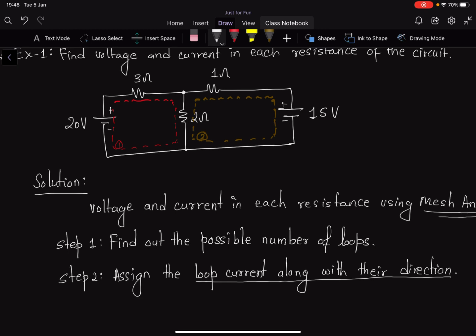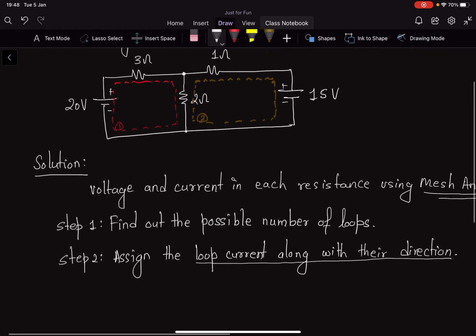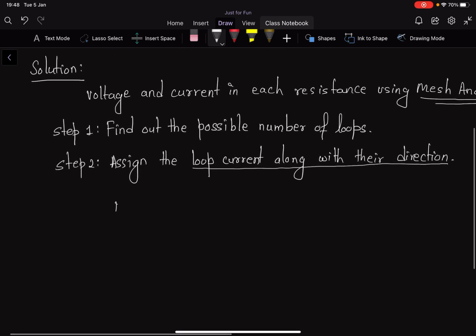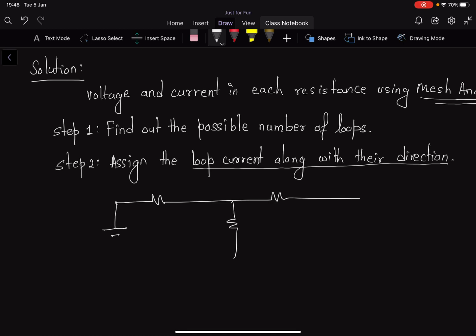For loop 1, I'm going to draw another circuit here. This is my voltage source, a resistor, another resistor in the middle, and then another voltage source here, with plus and minus: this is 20 volt, and this is 10 volt.